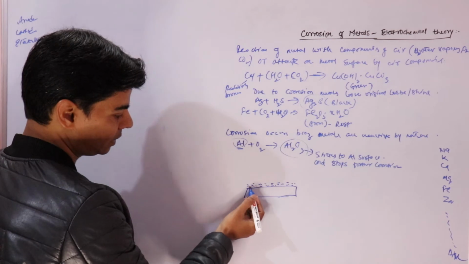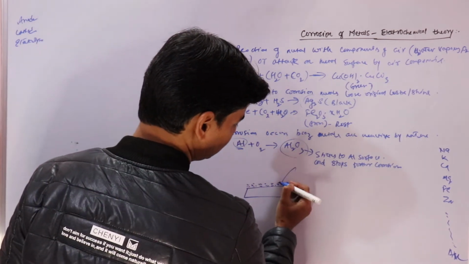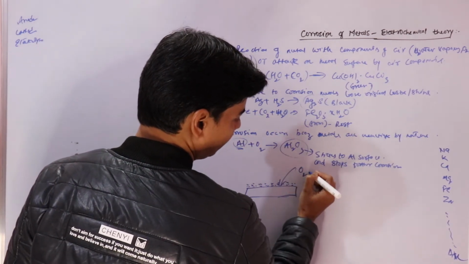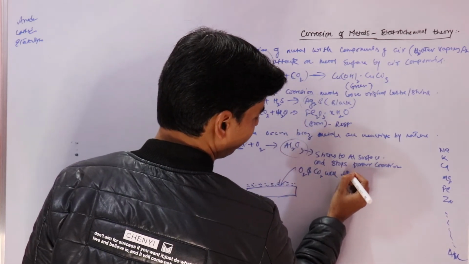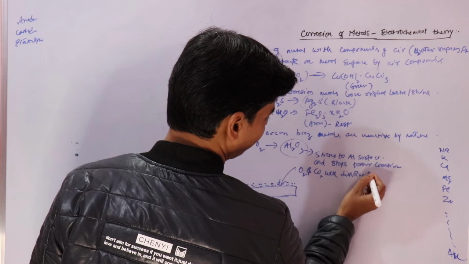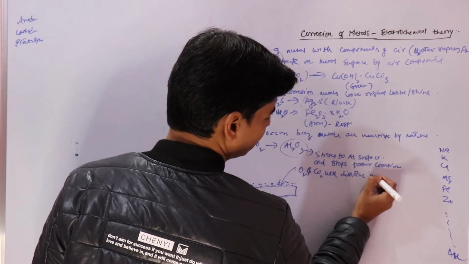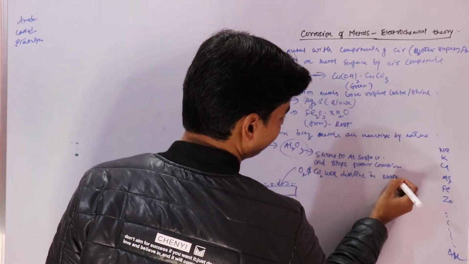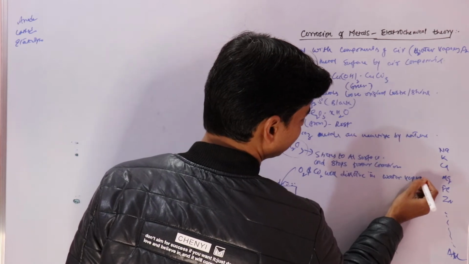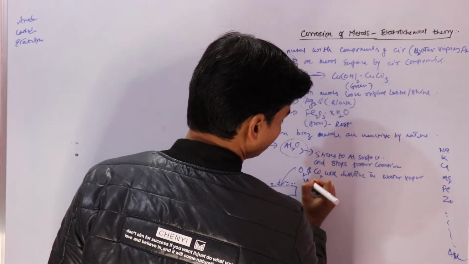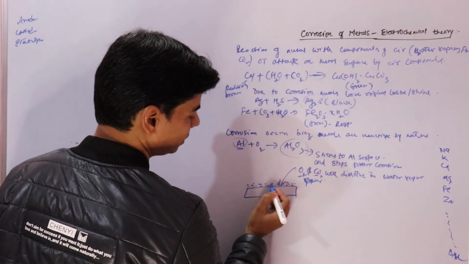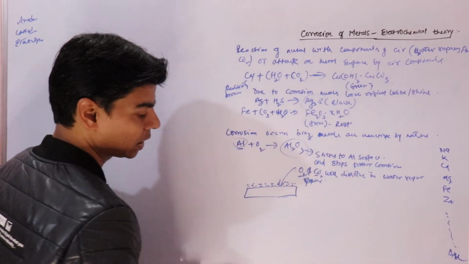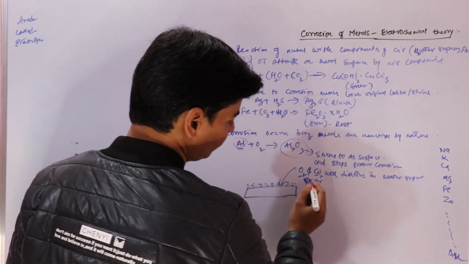So since iron has water, oxygen and carbon dioxide will dissolve in water vapor. So now this oxygen and carbon dioxide is in contact with this surface of iron.